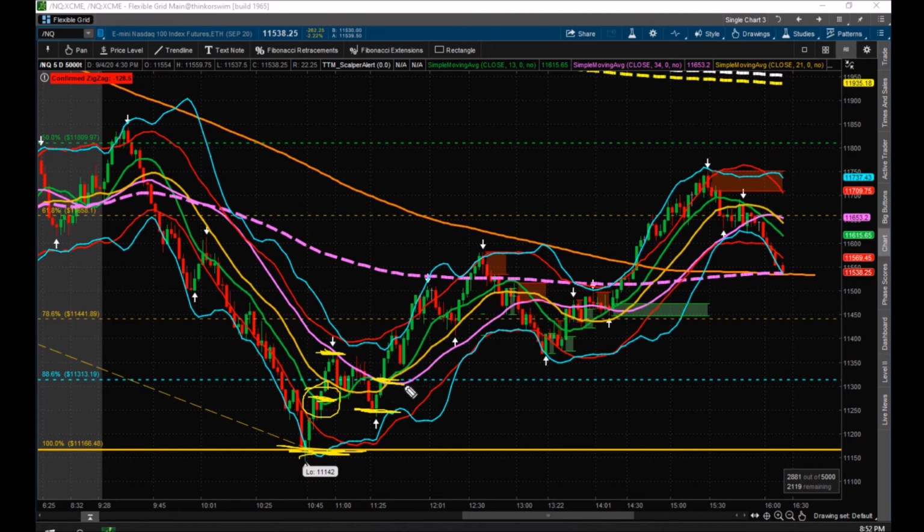Here it is right here. All three SMAs crossover. I would have gone long here, stop here again, and look, it came up to the VWAP. I would have exited there, and I probably would have been done because I trade 5, 6 contracts.